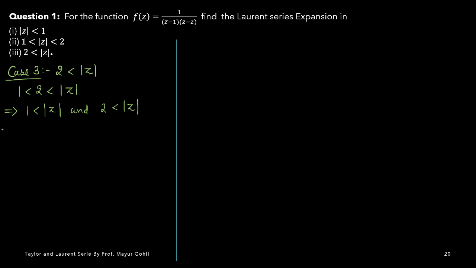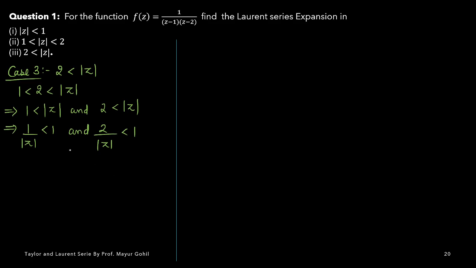This means that, now remember, we have to make everything less than 1. So while making everything less than 1, it is 1 over mod z is less than 1, and 2 over mod z is less than 1. So we have got this.